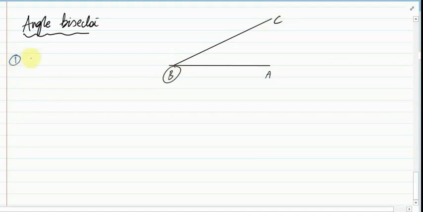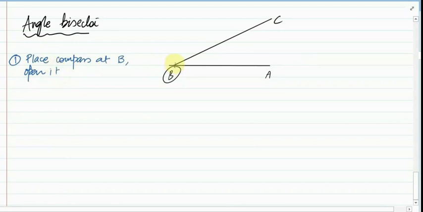Step 1: Place the compass at B. Open it. Now I'm not saying to open it more than half or less than half. You have to open it moderately, so you can plot the arc on your figure.